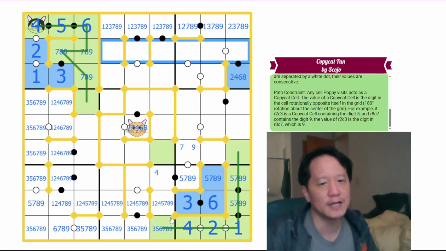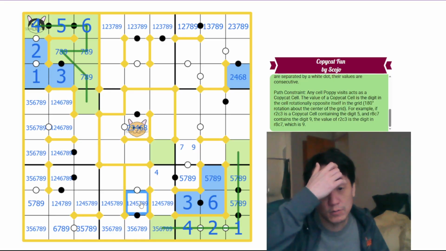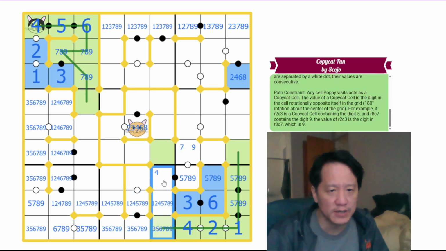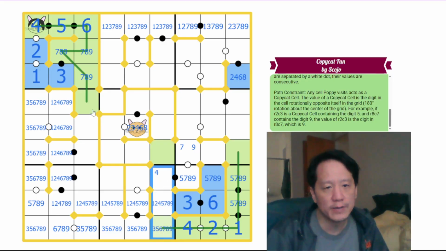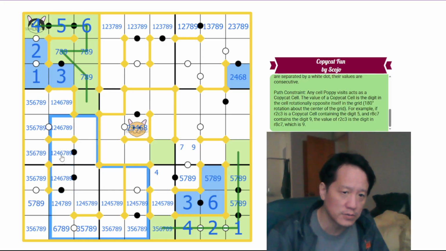If this is not Copycat, it has to be 8 here and 4 here. Right. And if this is not Copycat, then it has to go that way, which means that's Copycat, and that's 4. Right? So if this goes that way, that means this has to go that way, and none of these are Copycat. Oh, that's interesting.